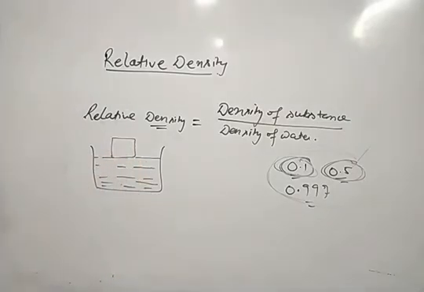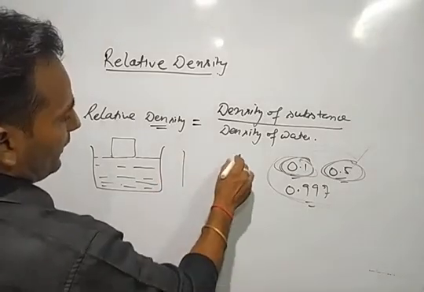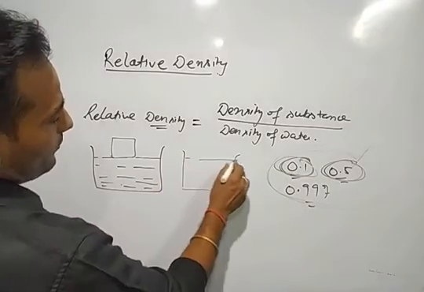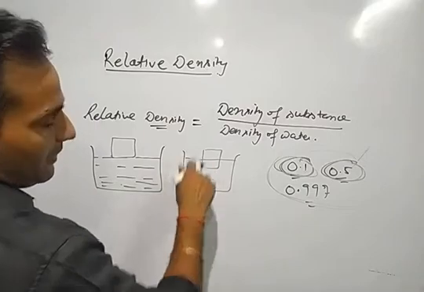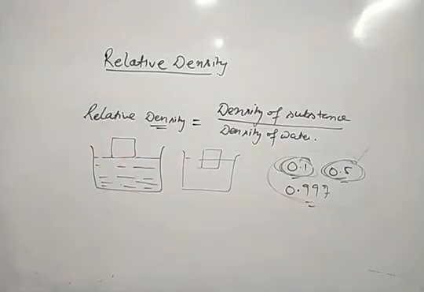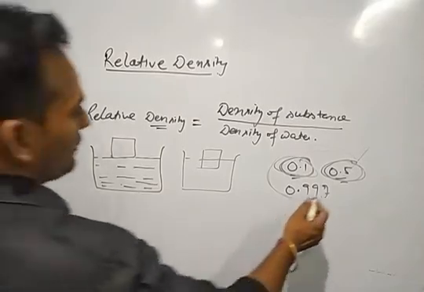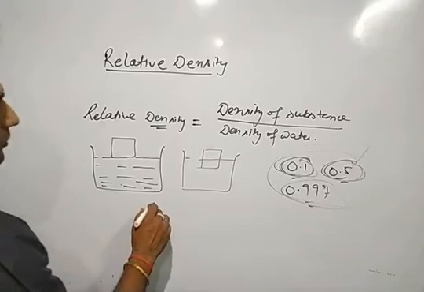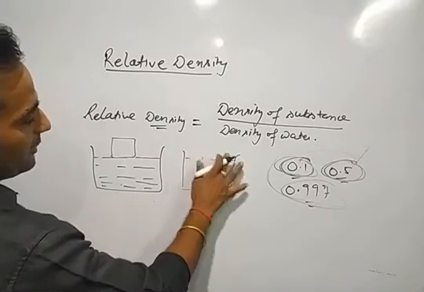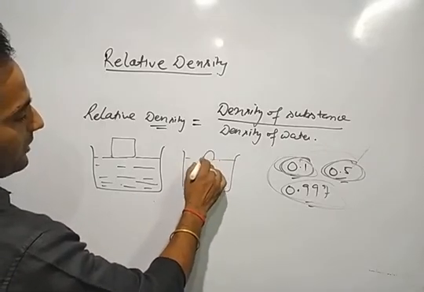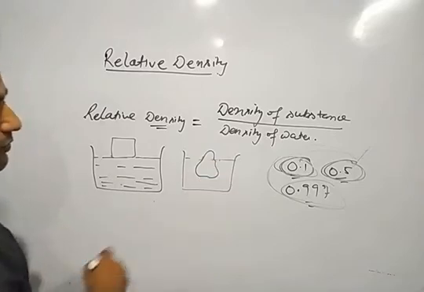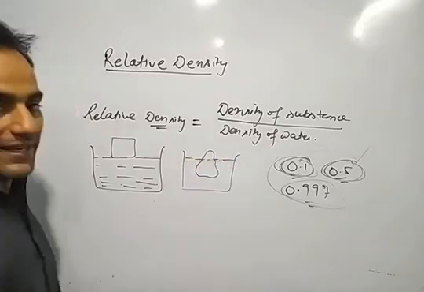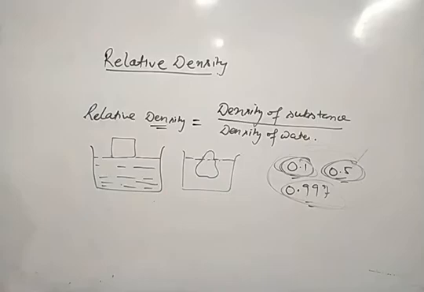If it is 0.5, then the object will float with half part inside the water and half part outside. And if any object has relative density like 0.997, an example is ice. As we all know, if we keep ice inside the water, a small part is upside but the bigger part is inside the water.